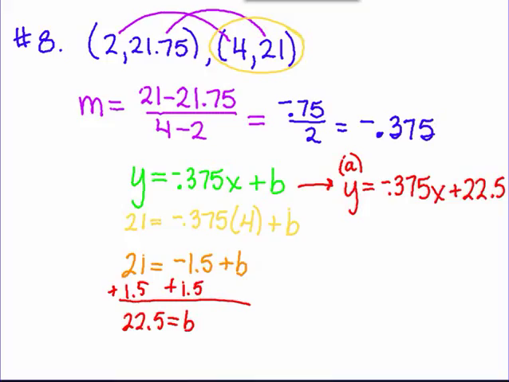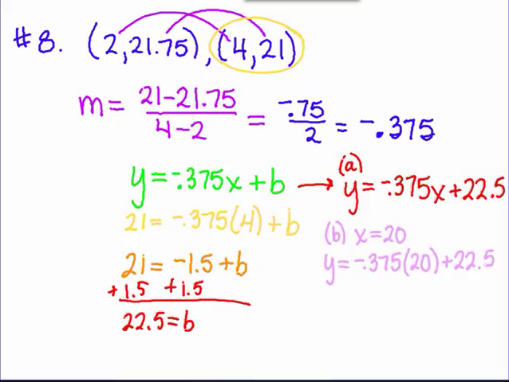What x value would 2020 correspond to if I'm looking at years since 2000? 20. So what they want you to do is use the equation here, and all you need to do is plug in 20 for x. When you do that, you're going to get a y value. So y equals negative 0.375 times 20 plus 22.5. Now I'm going to let you finish that one. I've given you enough help on B.